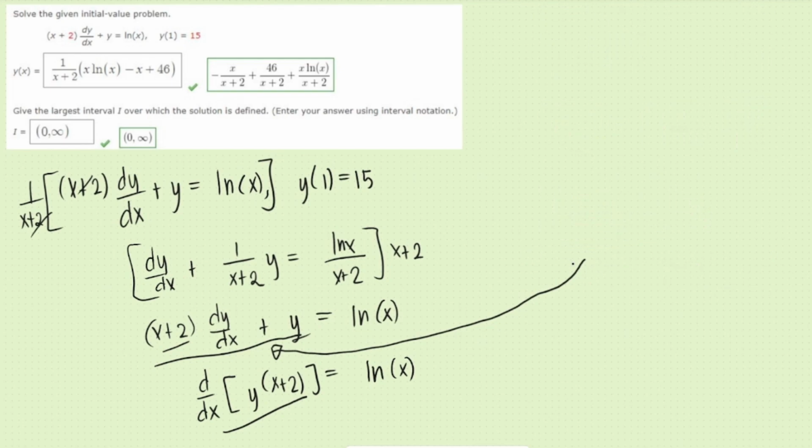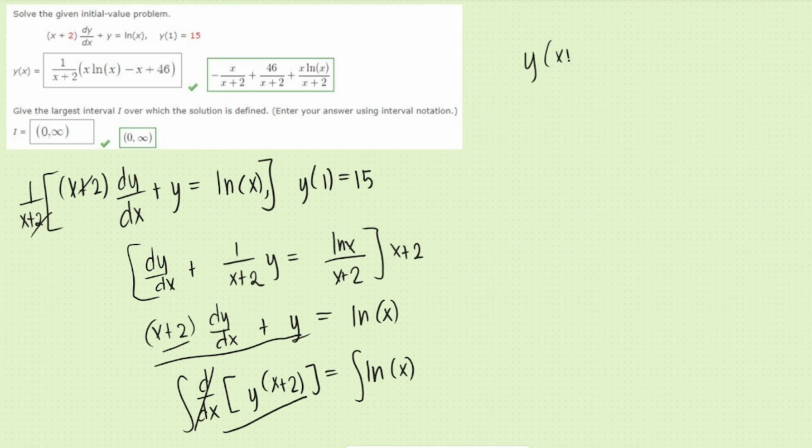So we'll put that one. Let's delete this. Now that we have that one, we can integrate both sides of the equation in terms of dx. So this one can cancel.